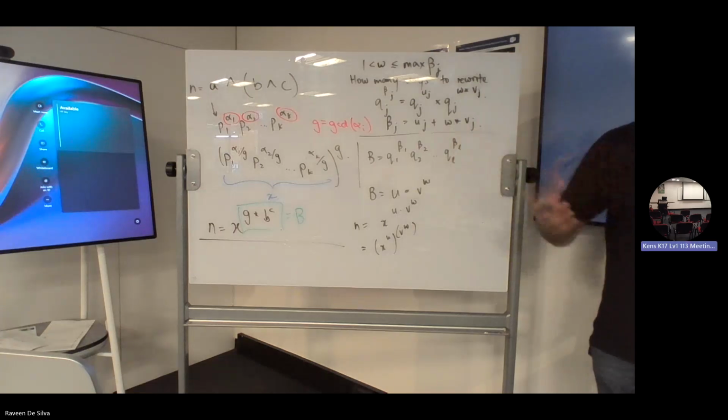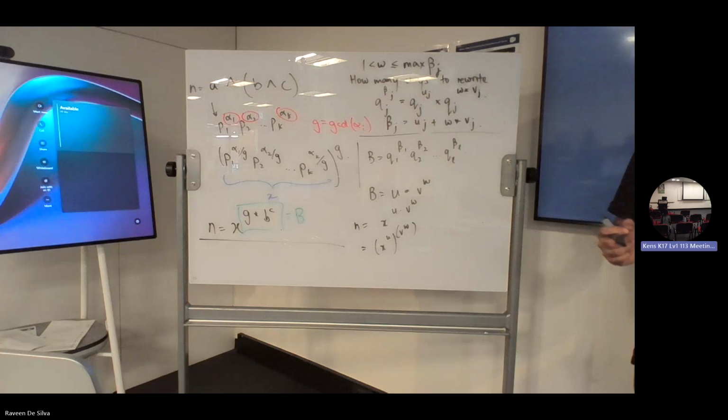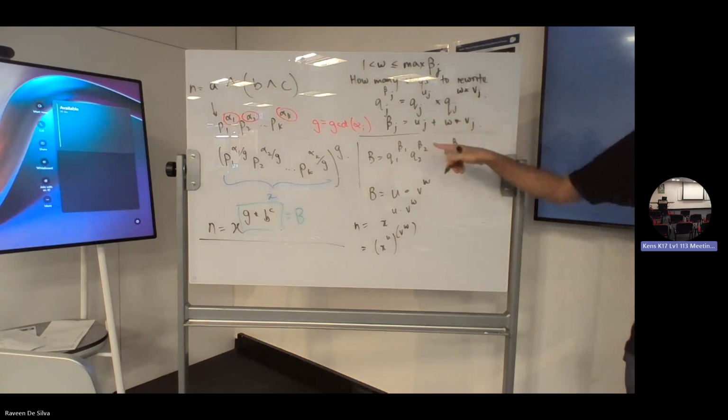What do you have control over? It's simpler, because we're looking for integer solutions. The only thing we really get to pick is how many copies of w we deduct from beta_j before throwing the rest into this remainder u_j.